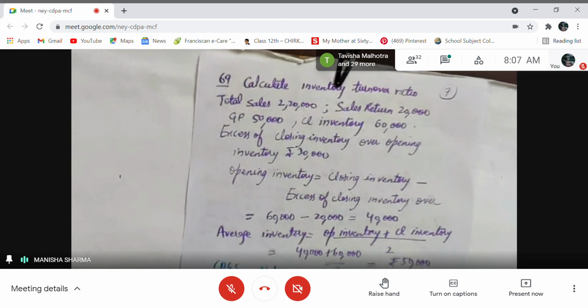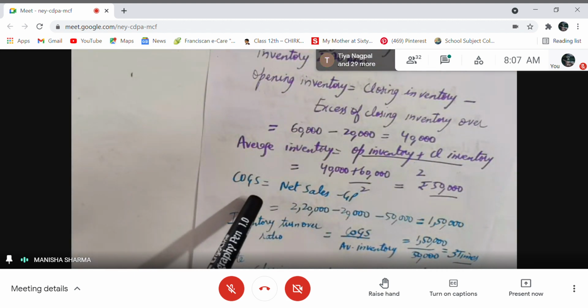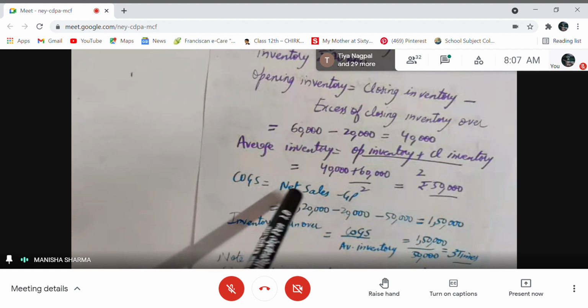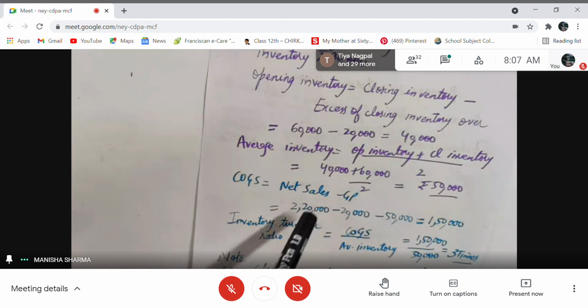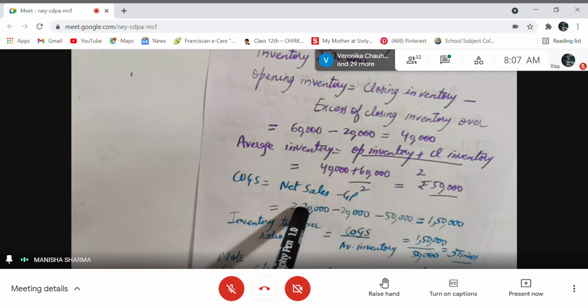So COGS is equal to net sales minus GP, which is 2,00,000 minus 50,000, and I get 1,50,000 as COGS.